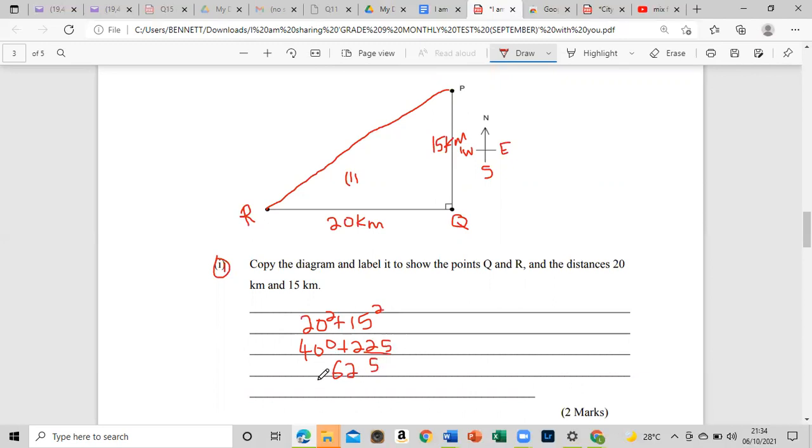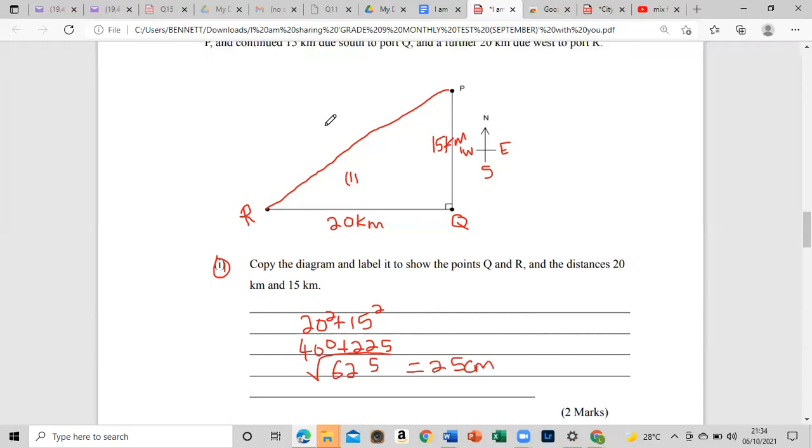So this now looks like 25. All right, so the length would be 25. So the length of this right here is 25 centimeters. All right, so there we have our next 2 marks.